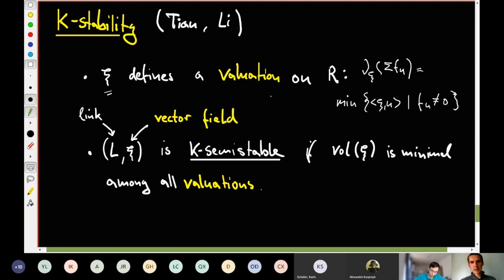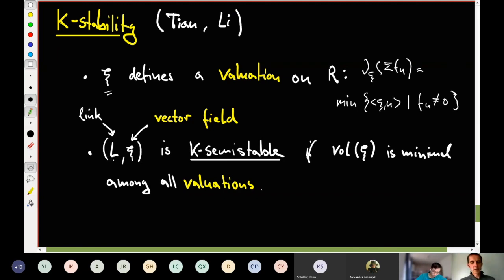And in the theorem of Martelli, Sparks, and Yau, they told us that in the toric setting, we get a Sasaki-Einstein metric if and only if our choice of psi gave us minimal volume among all other choices of psi in this vector space. Now we have to refine this for the notion of k-stability.